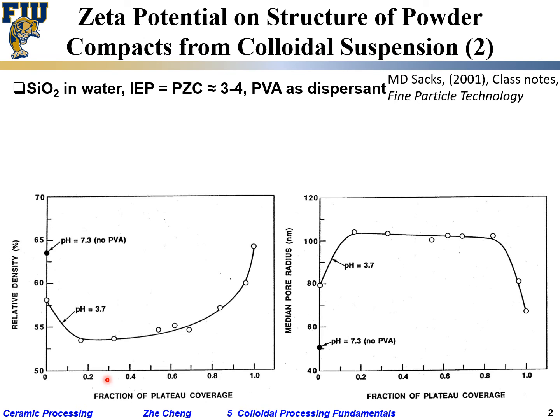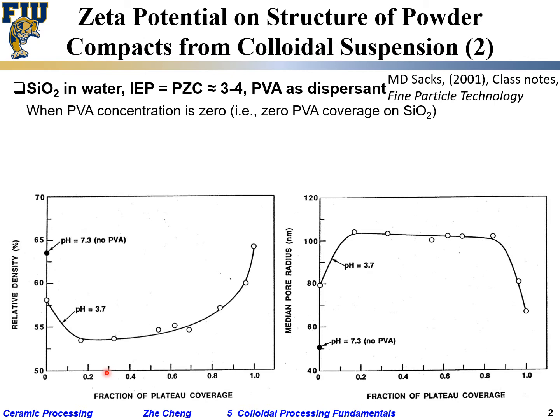Okay, so we are plotting it. And then let's just focus on the condition when the PVA concentration is 0. Where is it? It means 0 PVA coverage on these two plots, which is just here on the very left or here on the very left.